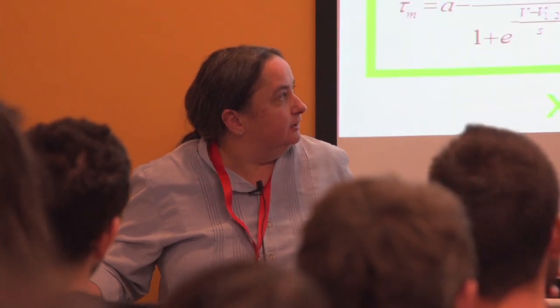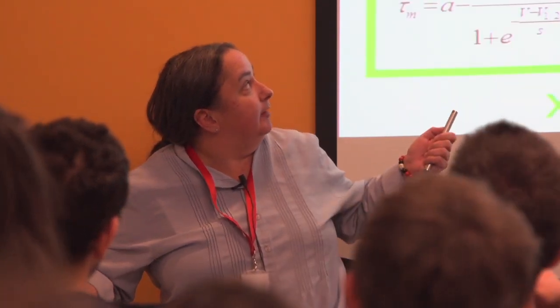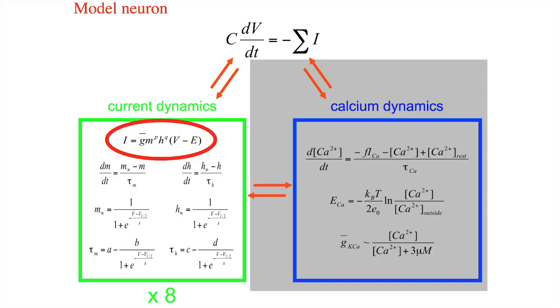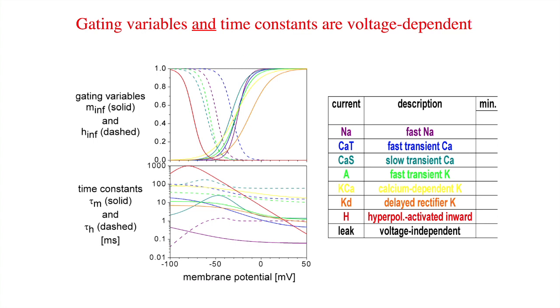So this activation and inactivation is playing into this equation. And I've now grayed out the calcium dynamics part because I'm not talking about that today. And again, as a reminder, we have in this model these 8 different membrane currents, and here you see their activation and inactivation curves.